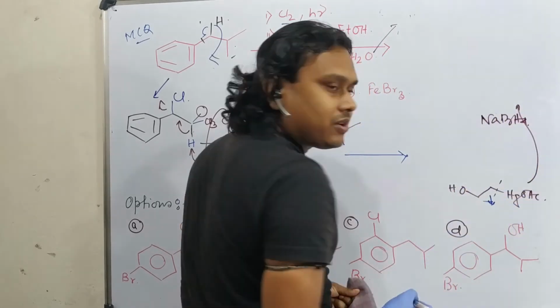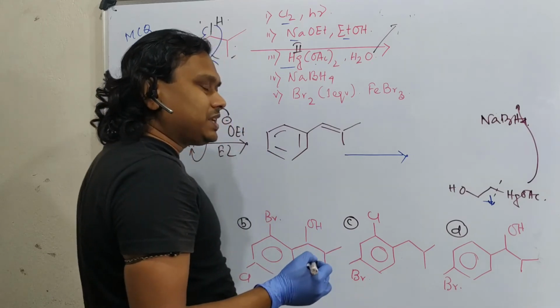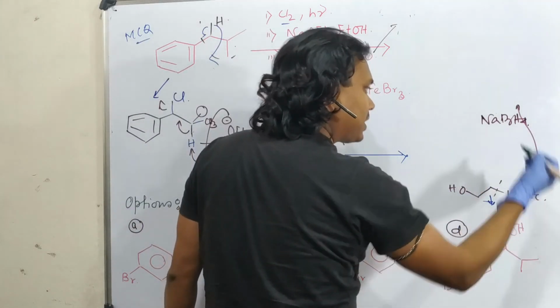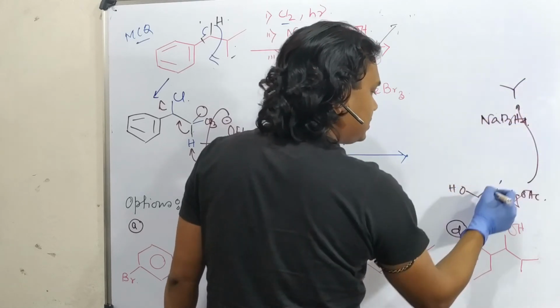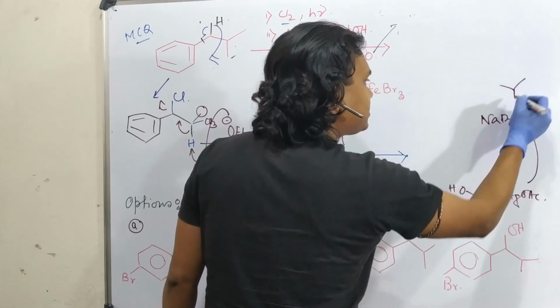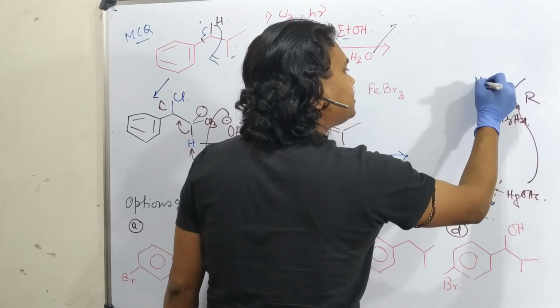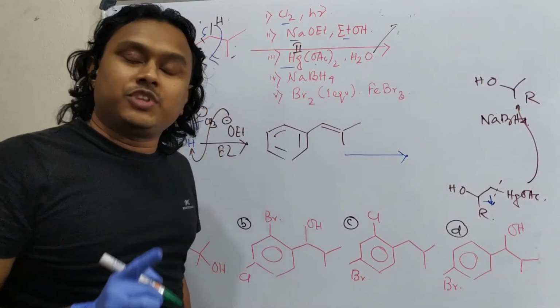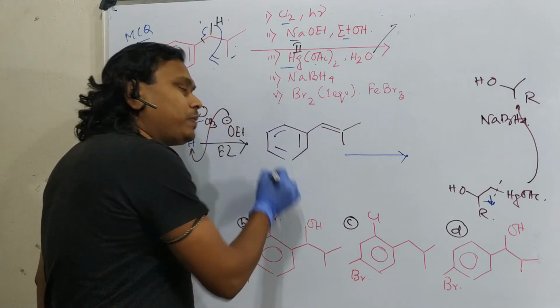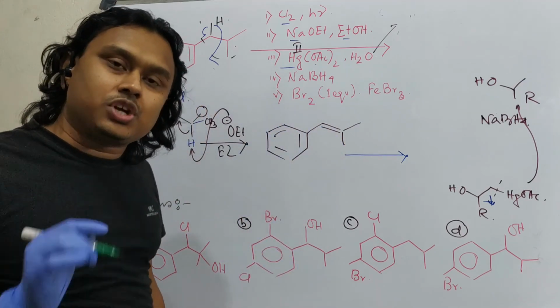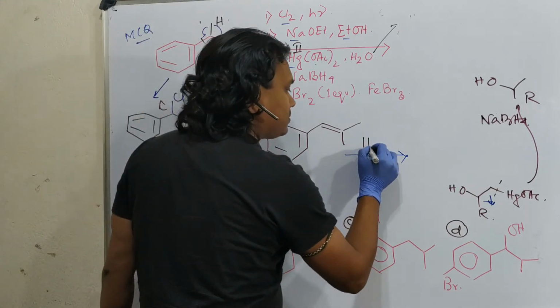This bond will be hydrolyzed, and actually sodium borohydride is a reducing agent. Mercury will be reduced to mercury 0, and finally this will be OH, and here the R is attached. R, OH. Fine. So from this what we have learned: the place where the aromatic group is attached will be the position for water addition.